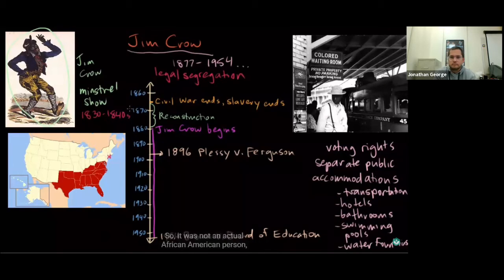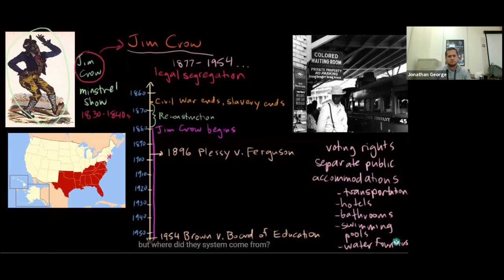So it was not an actual African-American person, but rather a caricature of an African-American person by a white man who was part of a minstrel troupe. And so the name Jim Crow became synonymous with African Americans and with enslaved people in the early 19th century, the way that, say, Paddy became synonymous with an Irish person. So the term Jim Crow law, or the Jim Crow system, means laws that were specifically aimed at African Americans. All right, so that's the origin of the name.